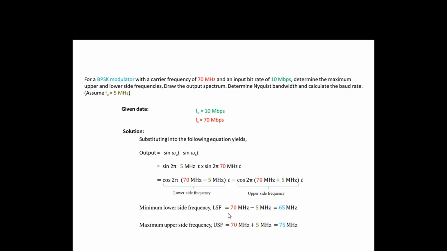So LSF can be calculated by FC minus FM, in this case FA, that is 70 megahertz minus 5 megahertz, that is 65 megahertz. Then the upper side frequency USF is 70 megahertz plus 5 megahertz, carrier frequency plus message frequency, 75 megahertz.